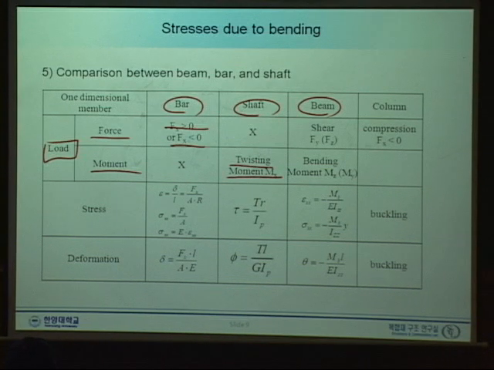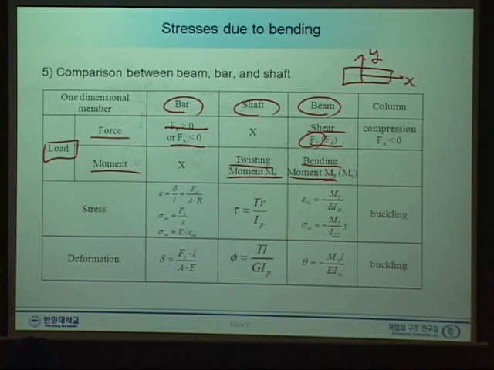And in a beam, we are applying shear force, either Fy or Fz. But in this X and Y case, usually Fy. And the bending moment is Fz, moment Z. That's the force applied to a beam.